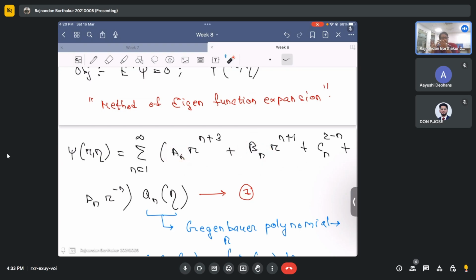Then using the boundary condition on the surface of the sphere, we will evaluate the other constants, that is cn and dn. That's the idea, because qn is already known. At each and every mode, that is n equal to 1, n equal to 2, the Legendre polynomials are known, which means that if I integrate those Legendre polynomials, I know the Gegenbauer polynomials. So that's basically the idea.